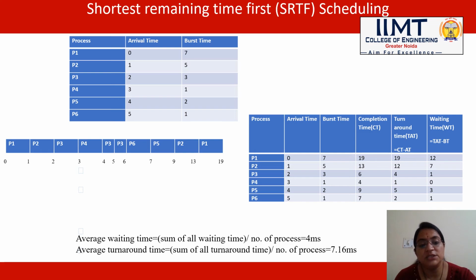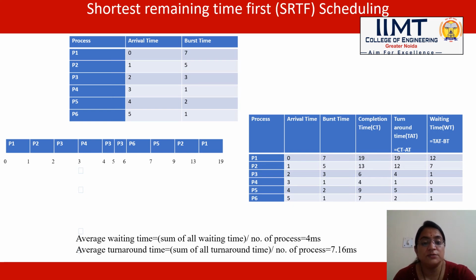After the completion of P3, we allocate the CPU to process P6 because P6 has the minimum burst time, and P6 wants only 1 second for its execution. It means we allocate CPU to P6.